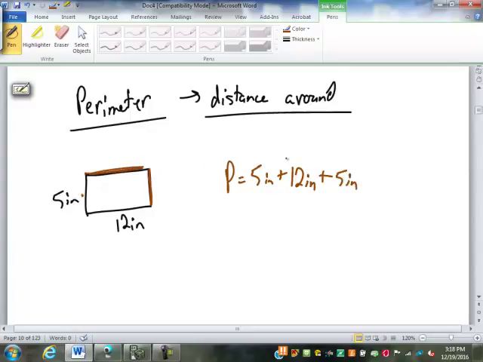And this one has to be 12 inches. I just add up all of the sides. That adds up to 34 inches. Notice it's just inches, because when I add, I keep the same name. For areas, it was square inches, or inches squared, or feet squared, because I'm multiplying. I combine the names.